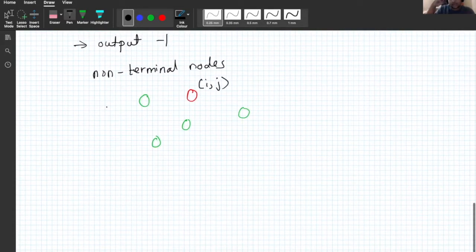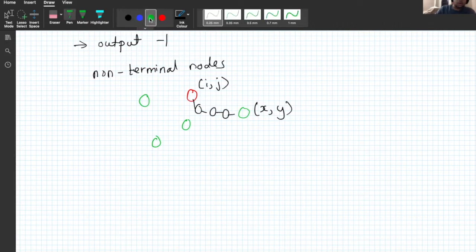So if there's some xy which is green, meaning that it wants to end up at ij, the first revisited node in the path should be ij, then it should be connected to red via a bunch of nodes. It doesn't really matter which, and all of these nodes should be non-terminal, and each of these nodes should also end up at ij.